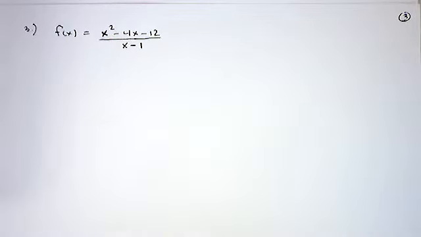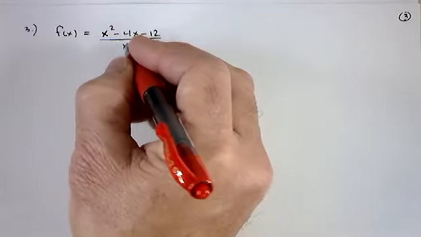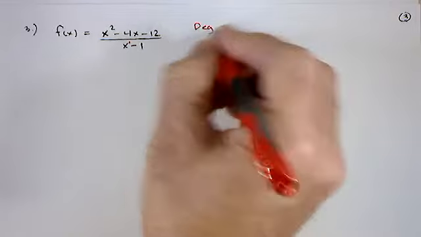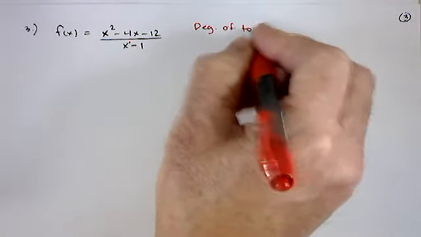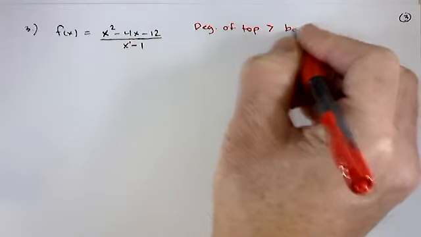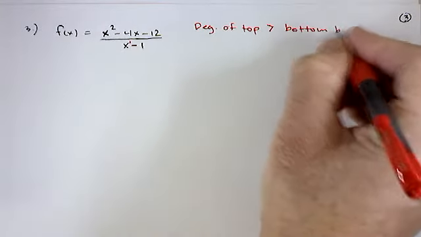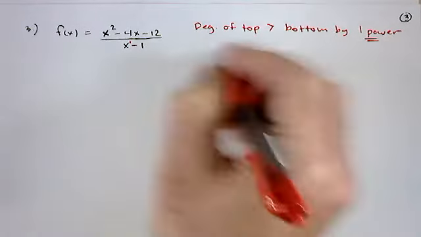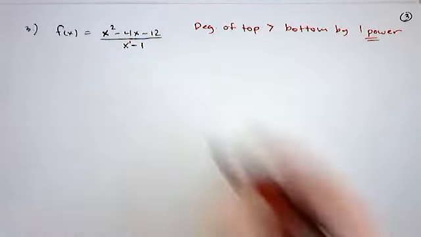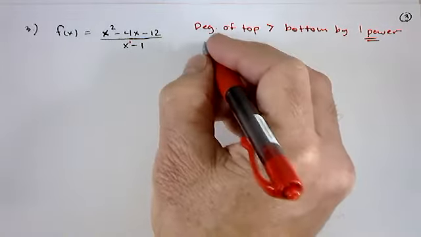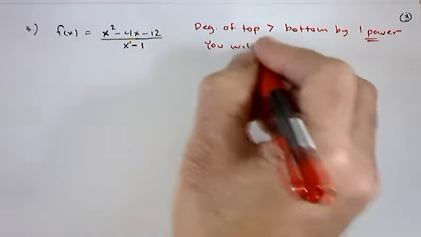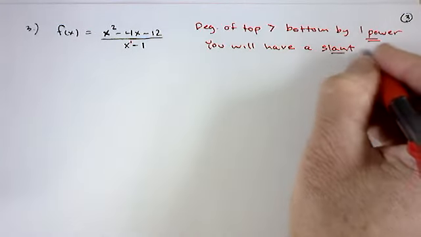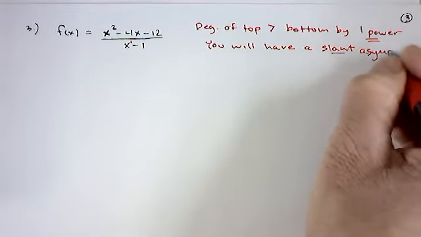And for this one, I want you to remember that if the degree of the top is greater than the bottom by 1 power, because that's very common, these types of graphs are very common, by 1 power, then what we should expect is to get a slant asymptote. You will have a slant asymptote, not a horizontal one.